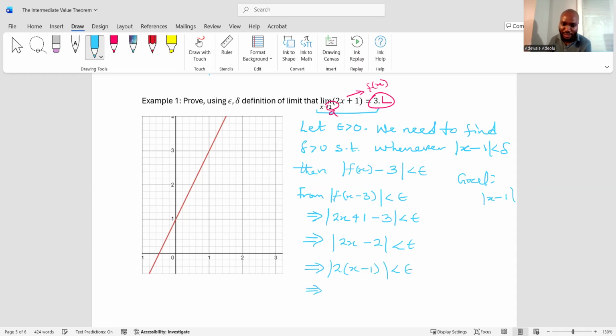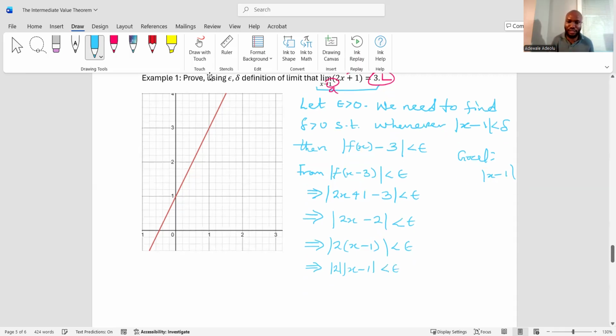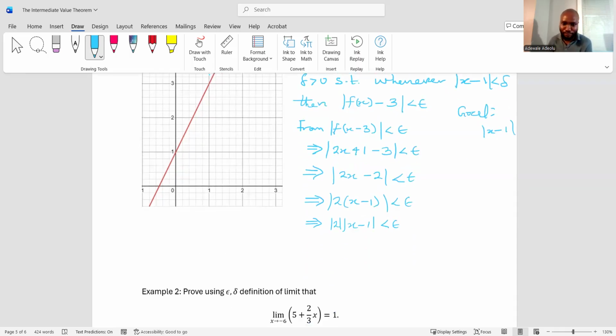So that implies that I have absolute value of 2 times absolute value of x minus 1 is less than epsilon. This implies that 2 times |x - 1| is less than epsilon. And that implies that I can divide through by 2. So |x - 1| is less than epsilon over 2.